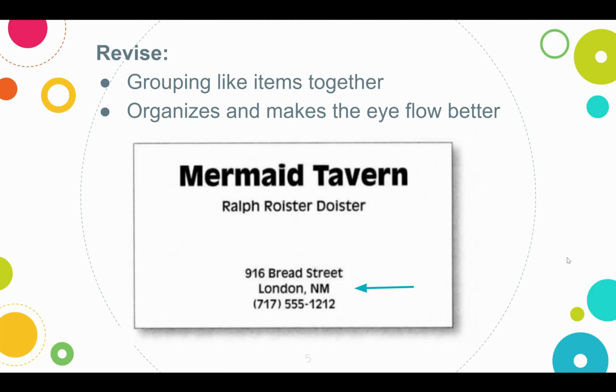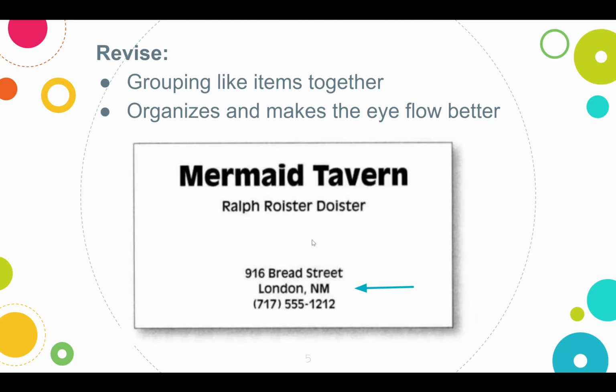Her revised one groups information together based on similarity. This is where we get into proximity. Items that relate to each other should be grouped together. For example, the Mermaid Tavern. Who's the owner of it? Ralph. Okay, so we have those 2 key things together.